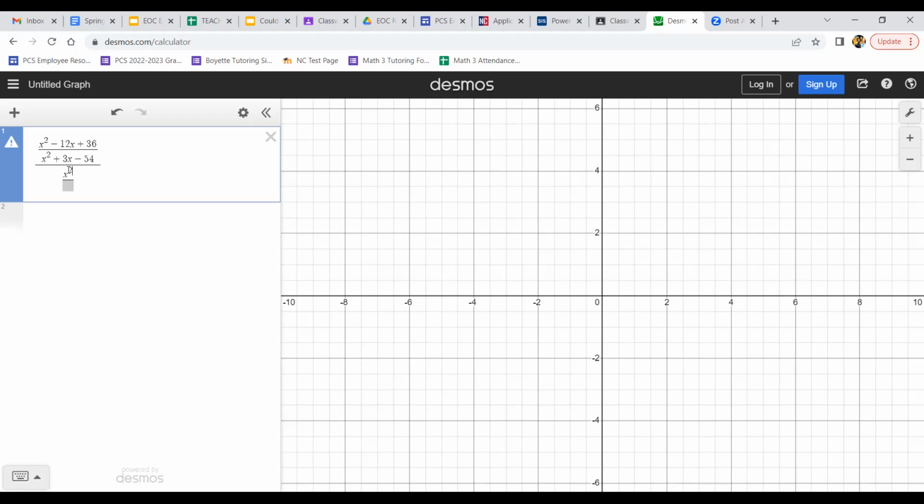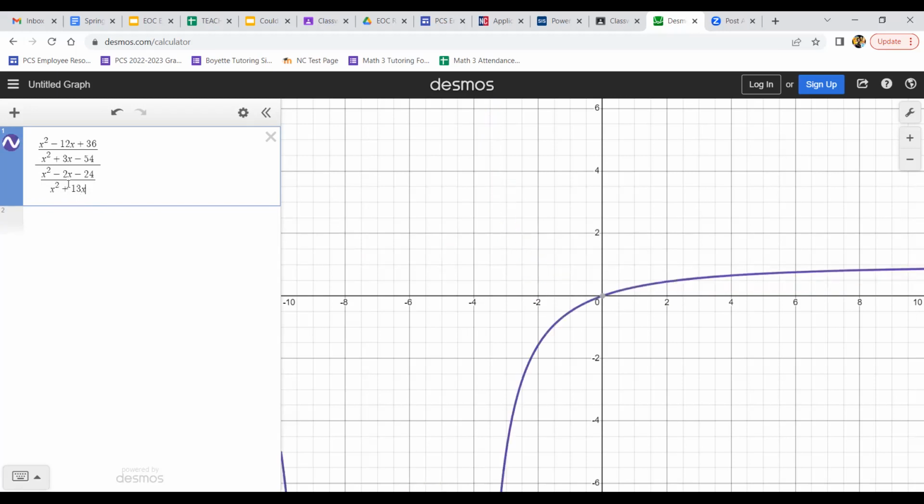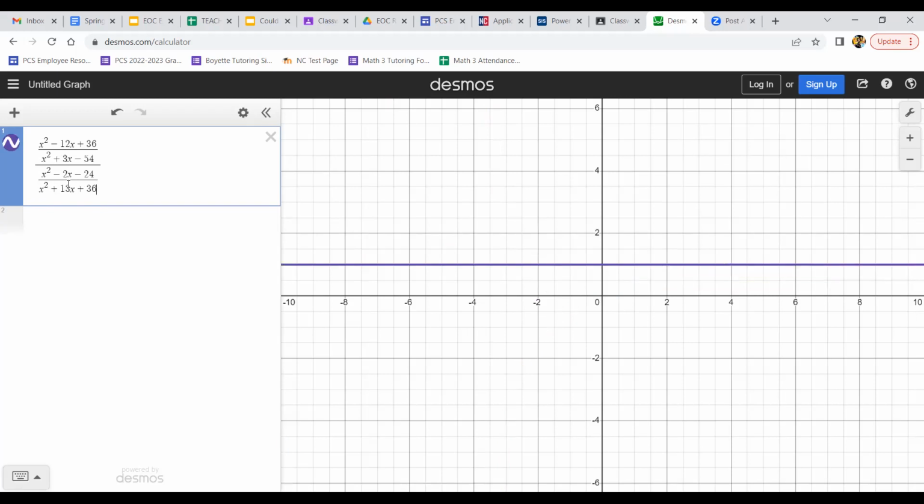So x squared minus 2x minus 24 over x squared plus 13x plus 36. Okay. So there's my answer. And then I just need to type all my answer choices and see which one is the same.